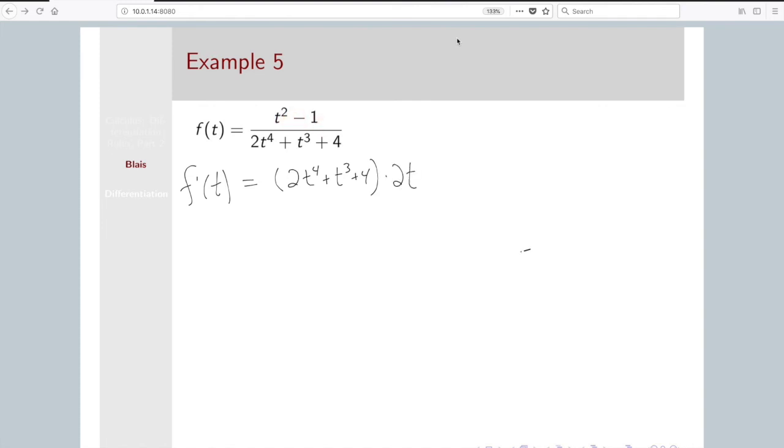And we have minus the numerator times the derivative of the denominator, 8t cubed plus 3t squared. The derivative of 4 is, of course, 0, all over the denominator squared.